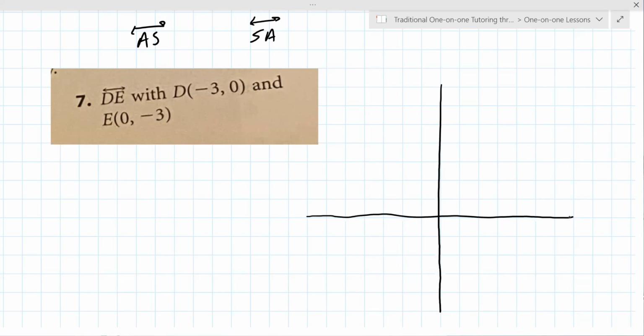I have graph paper. Excellent. I'll get my ruler too. All right, got it.